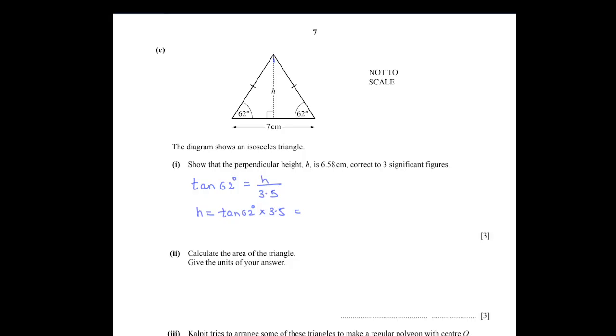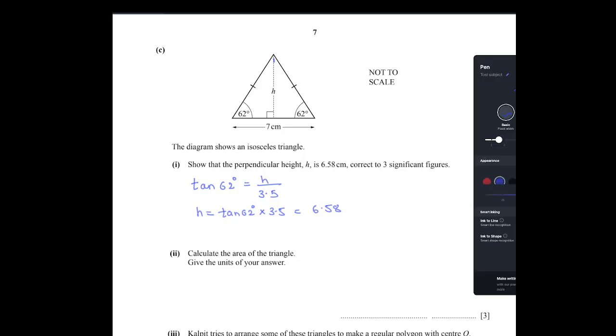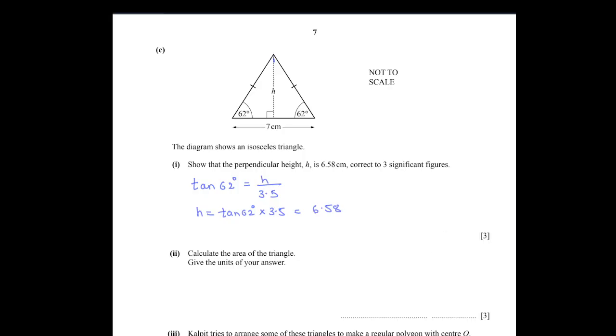So 6.582 can be rounded to 6.58 centimeters. It should be 3 significant figures, so only 3 digits. Write down the answer, 6.58 centimeters.